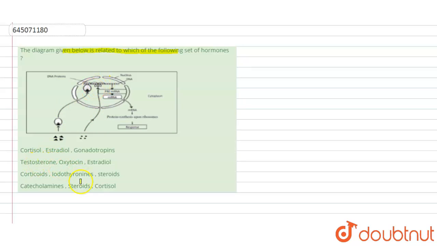So here we have 4 different options. Before that, we will first understand the different modes of action of hormones, how hormones act and how they work. All hormones act in 2 ways. They have 2 modes of action.